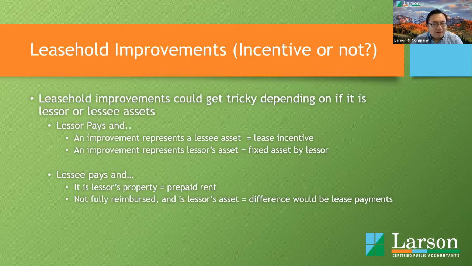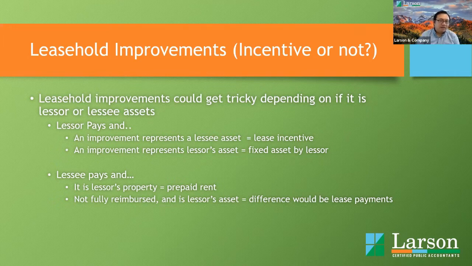So for example, if there's a leasehold improvement where the lessor is paying for it, but the improvement is adding more to the building, and at the end of the lease it's going to be the lessor's asset, then that really is a fixed asset for the lessor and not truly an incentive. Now, if there's an improvement that represents a lessee's asset that you're going to take possession of, then that will be considered a lease incentive.